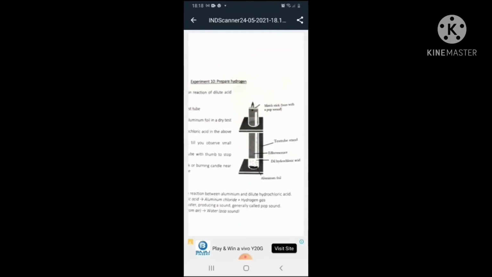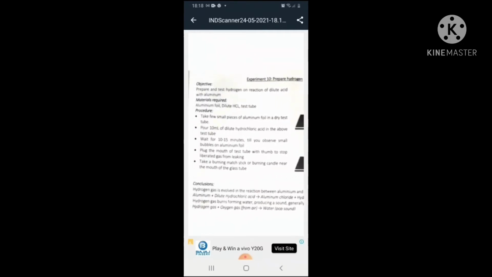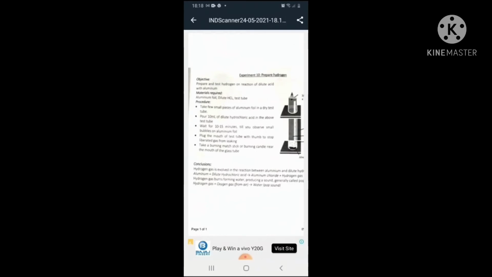Here is the image of that experiment. And friends, I have also shared the whole conclusion of this experiment. In the conclusion, the second line and the last line contain the chemical equation of this experiment.